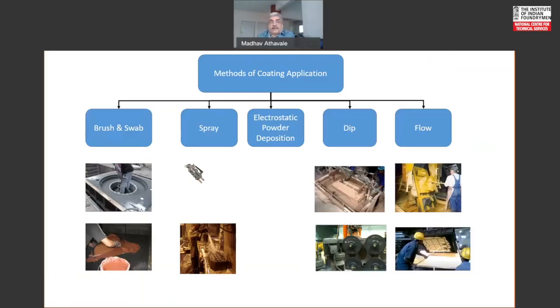That is what we had tried. It used to work okay, but it required a lot of automation and a lot of optimization. So it did not become very popular in foundries for mold and core surfaces, though I'm sure new techniques always evolve.